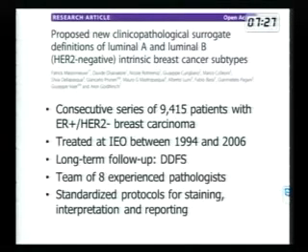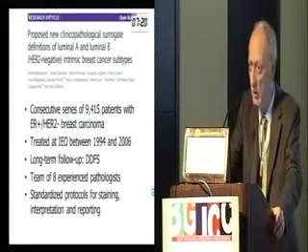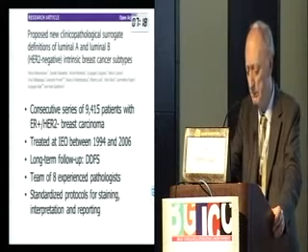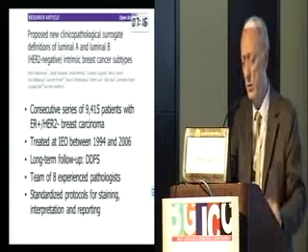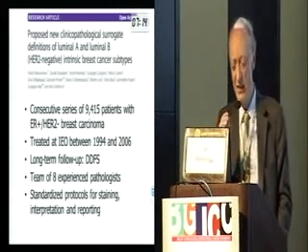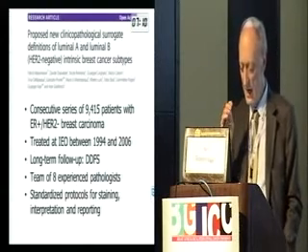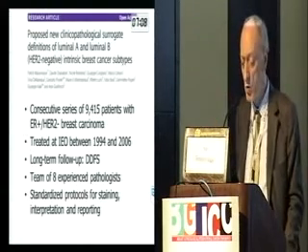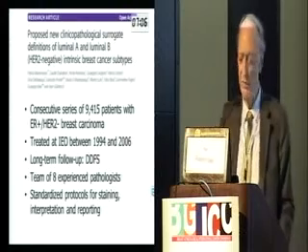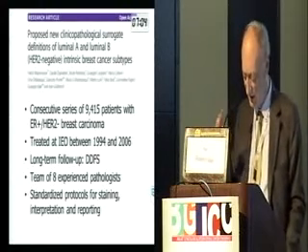These patients were treated between 1994 and 2006. We had data on long-term follow-up, focusing on distant disease-free survival. There was a team of 8 seasoned pathologists looking at these slides, and we were using standardized protocols for staining, interpretation, and reporting of Ki67.